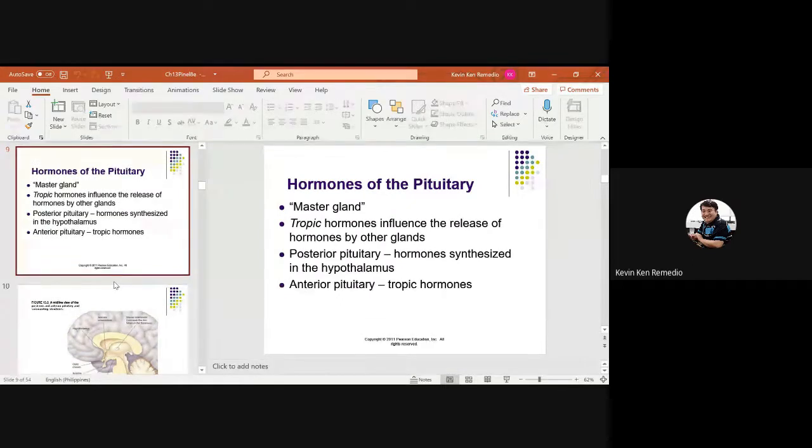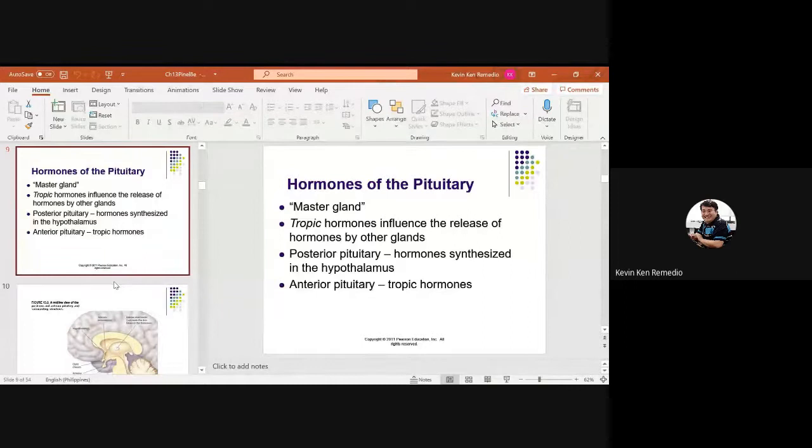So, hormones of the pituitary. We touched on that earlier. The pituitary gland is called the master gland. Why is it called the master gland? Because it is in the pituitary gland where there is sufficient coordination of all hormonal activities in our system.